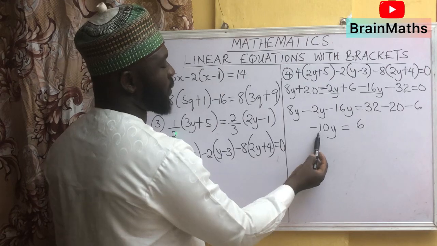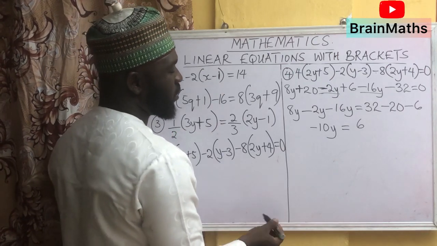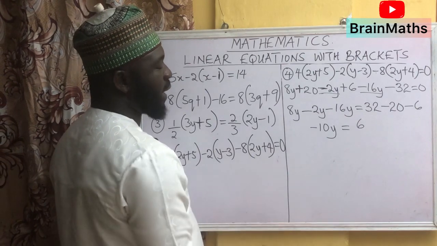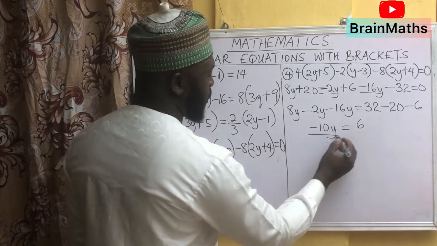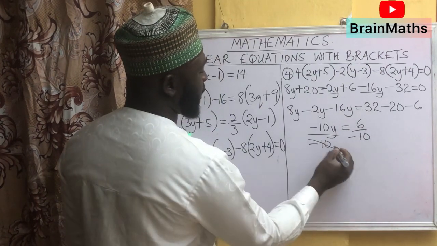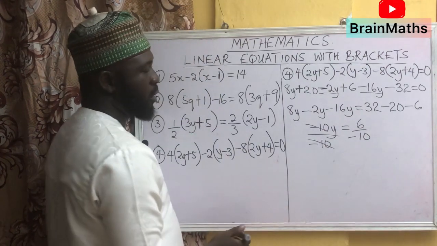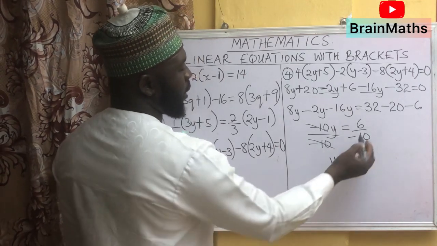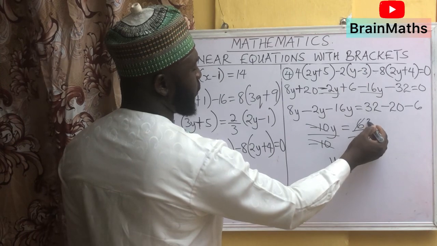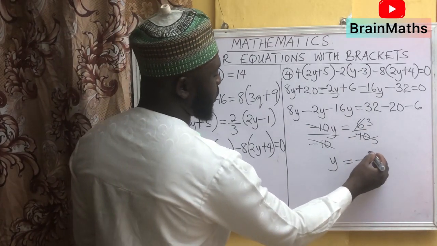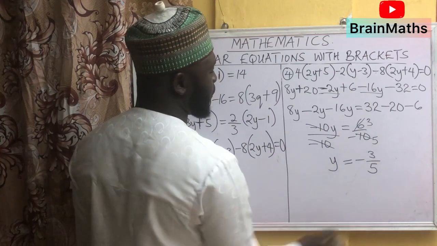And we are having a coefficient of y, which is minus 10. So we are going to eliminate the minus 10 by dividing both sides by the coefficient. So we divide both sides by minus 10. So minus 10 cancels out on this left hand side. So we are having y equals, how many 2 can you get in 6? 3. 2 in 10, 5. And that is minus 3 over 5.